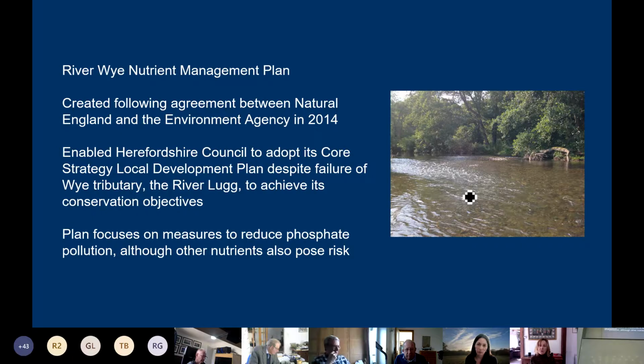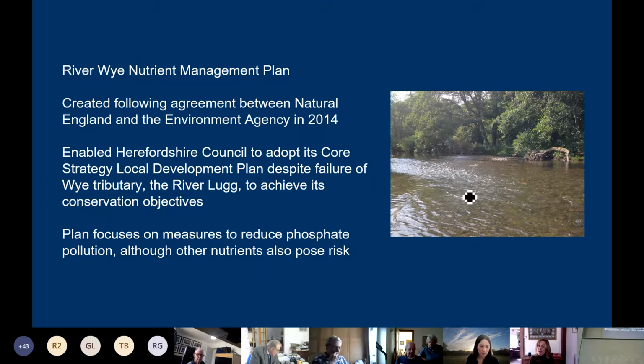So the River Wye Nutrient Management Plan in particular was created following an agreement between Natural England and the Environment Agency in 2014, and this enabled Herefordshire Council to adopt its new development plan, allowing for 16,500 new homes over the plan period. Even though at the time the plan was adopted, the River Lugg, seen here, one of the tributaries of the Wye, was failing to achieve its conservation objectives.